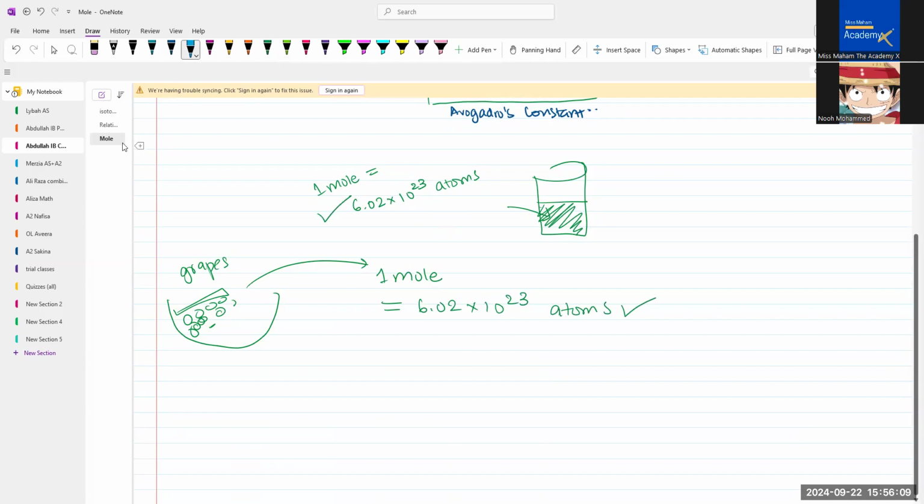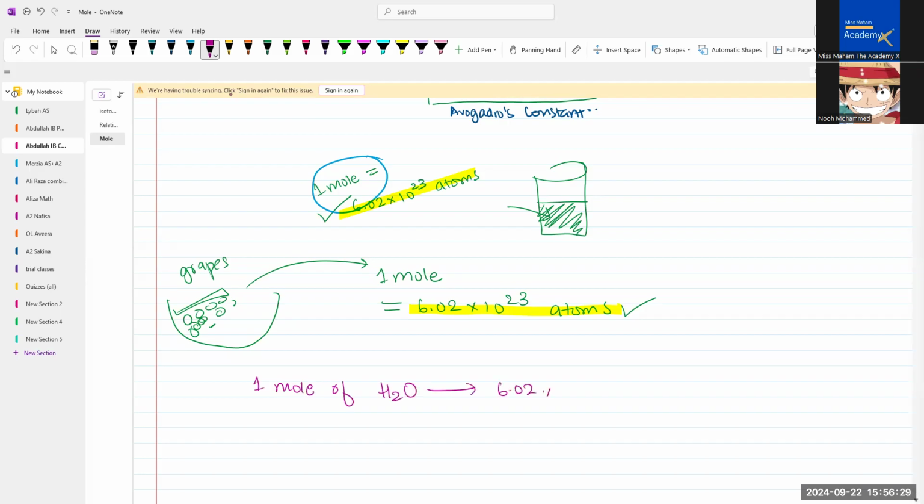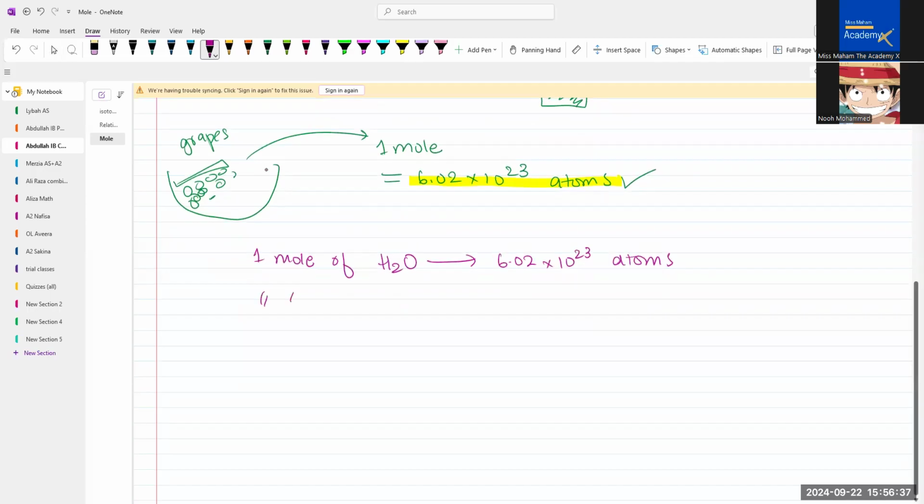So 1 mole of anything will always have 6.02 into 10 to the power 23 atoms. Now 1 mole of H2O, of water, will also have 6.02 into 10 to the power 23 atoms. 1 mole of sodium will also have 6.02 into 10 to the power 23 atoms, and so on.